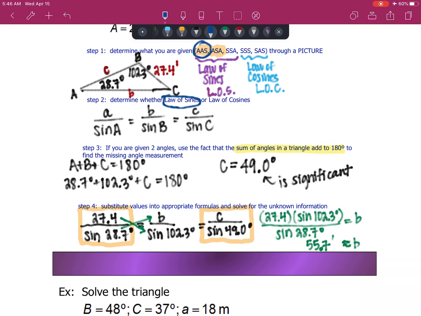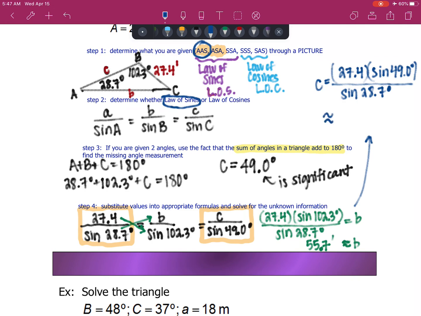So C is going to equal 27.4 times the sine of 49.0 degrees divided by the sine of 28.7 degrees. And that is approximately 43.1 feet.